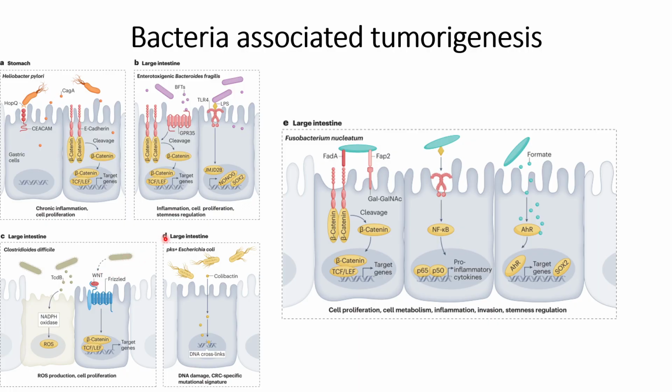In the case of another bacteria, that is PKS Escherichia coli, or E. coli, it will enter into the cells and cause DNA damage that leads to unique mutations. It will affect the cells by developing mutations within the DNA, so it will cause DNA damage and CRC-specific mutational signatures.